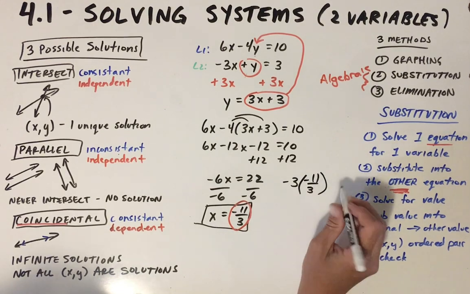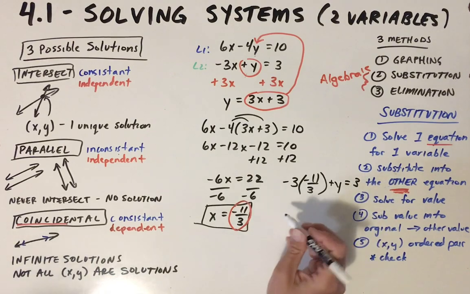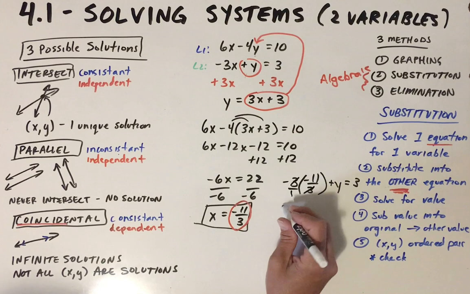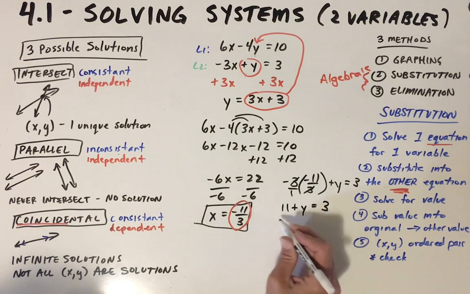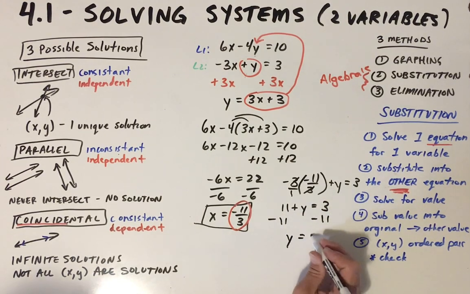This is like Houdini magic. Kind of running out of space here. Okay, well, these 3's will cancel. Negative times a negative is a positive, so I get 11 plus y is equal to 3. When I subtract the 11, then I get that y is equal to negative 8.